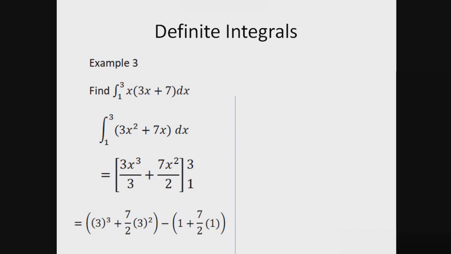So we get 117 over 2 minus 9 over 2, which is equal to 54. So we know that for a definite integral, we get the answer as a value or number.